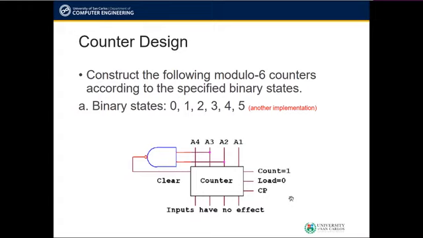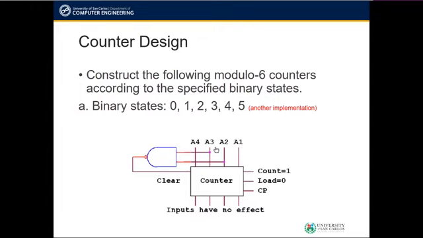When it reaches the count of 6, which is 0, 1, 1, 0, A3 and A2 will both be 1, and so therefore this NAND gate will output 0, which will then trigger the clear input, and then the counter output will be reset or cleared to 0 here.